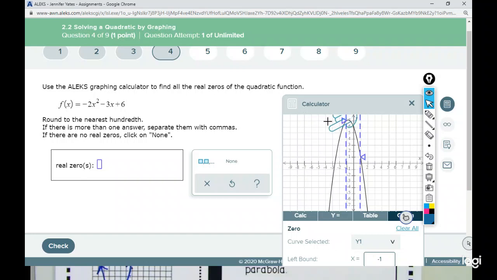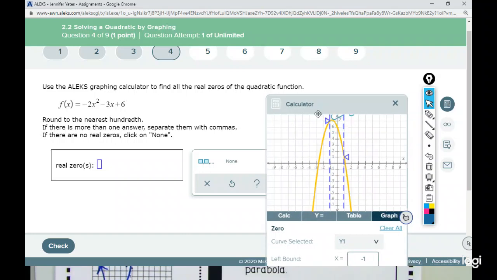And it is frustrating, I'll give you that. I'm going to have to use my mouse. You know you've got it, I think, when it turns yellow. That's when you know you can move it.